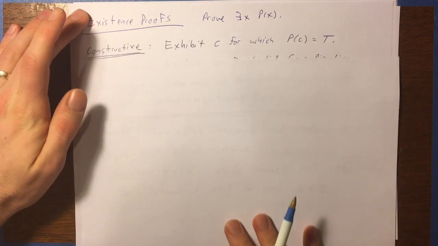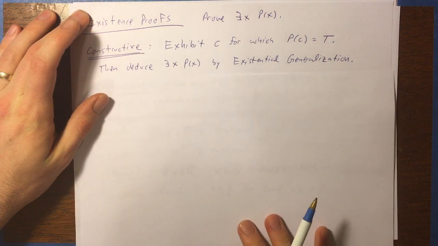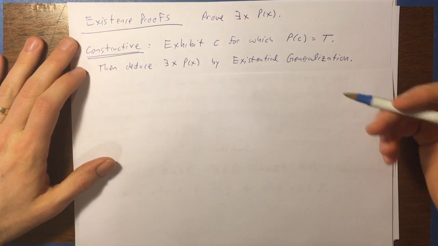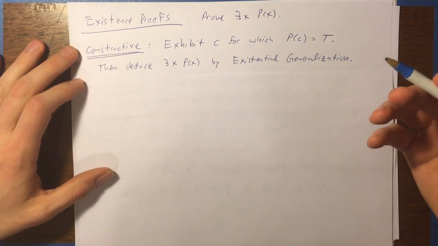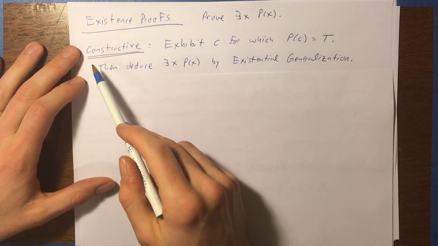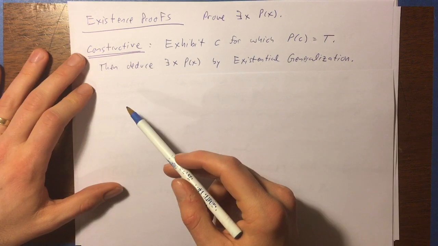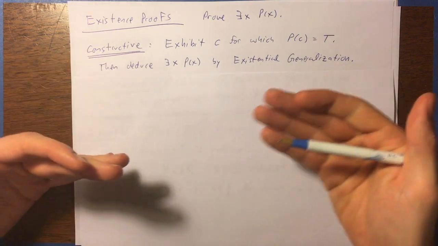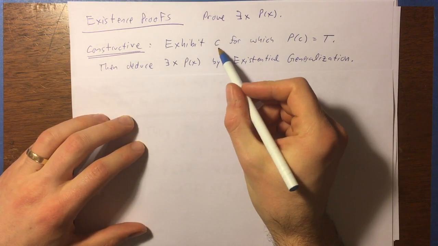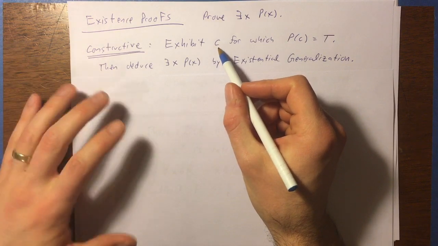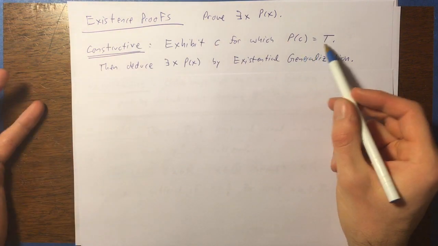The different methods of proving existence can be divided into two groups. There are constructive proofs, where you exhibit an element of the domain, a constant element, which we'll represent by the letter c, for which P(c) is true.